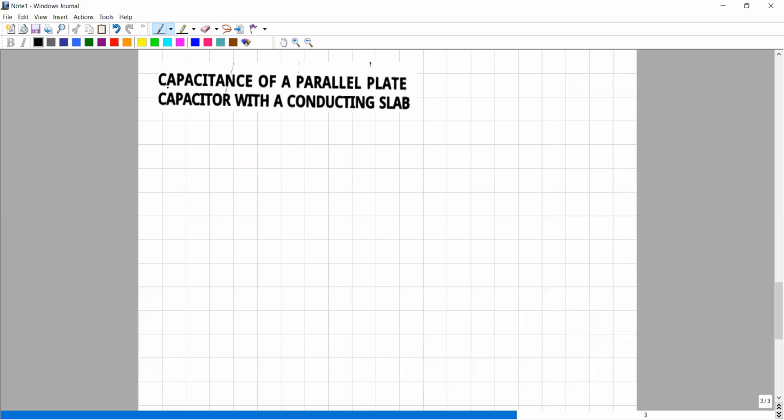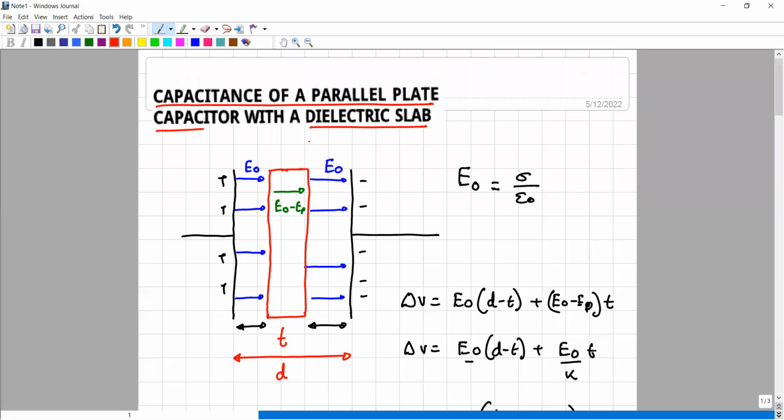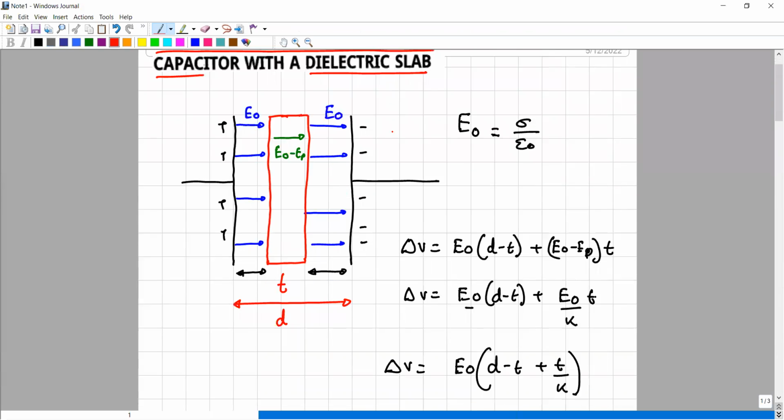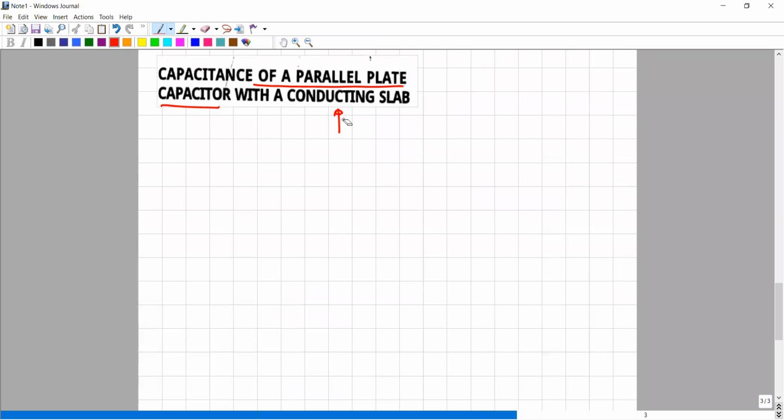Now the next topic is the capacitance of the parallel plate capacitor again, but this time with a conducting slab. Previously we did capacitance with the dielectric slab, and now we are going to do it with a conducting slab. You already know from the concept of dielectrics and conductors how a dielectric behaves and how a conductor behaves.